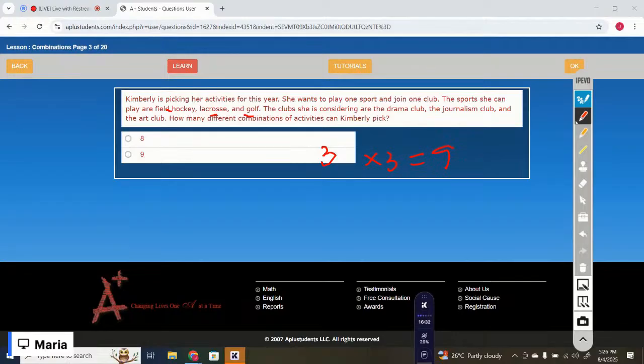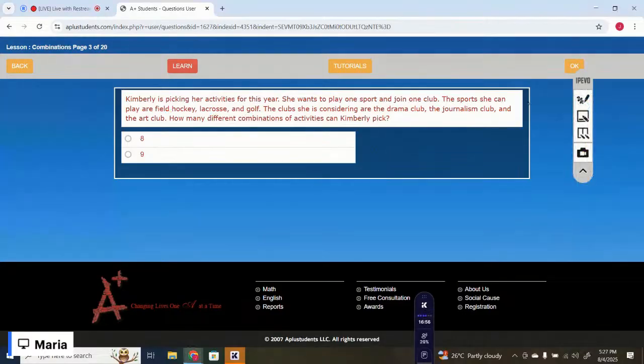So the total combinations she has is 9. The correct option is 9. Option number 2 is the correct option.